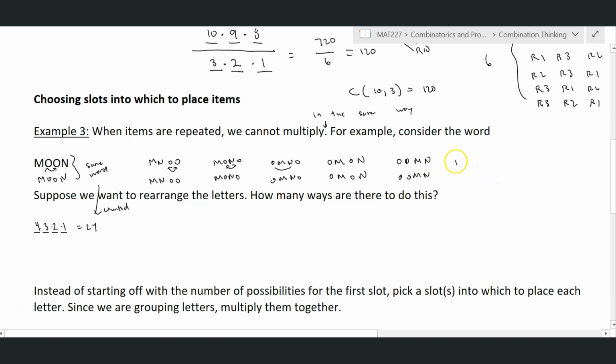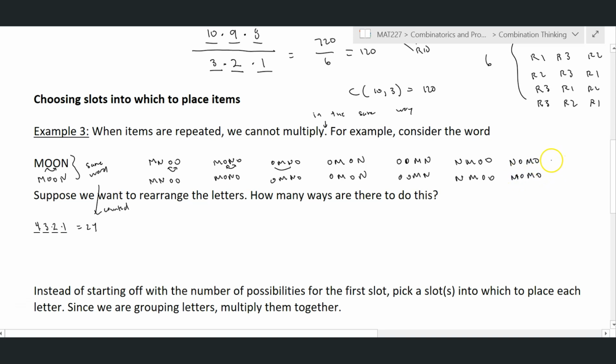Now we can do the same thing with N as the first letter, and M could be the second letter. Again, you'll have two counts there because those two O's could be swapped, and technically that's going to produce another in this 24. So 2, 4, 6, 8, 10, 12, 14. Let's keep going. This is going to give us 16, with N-O-M-O.